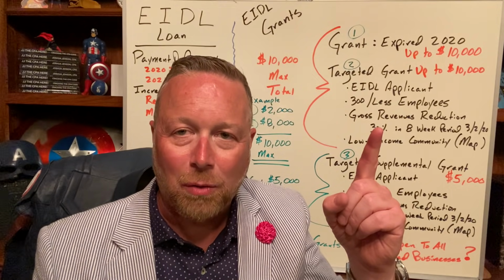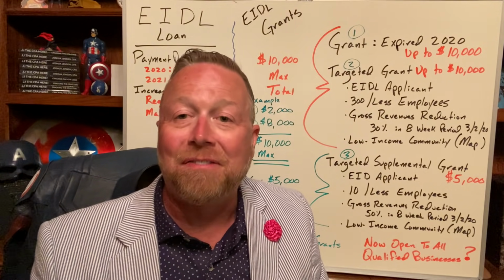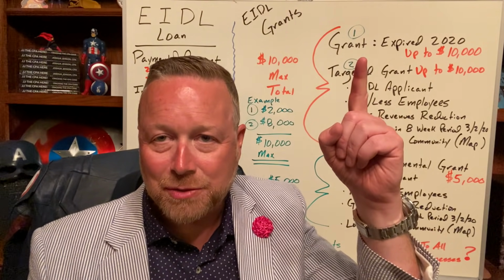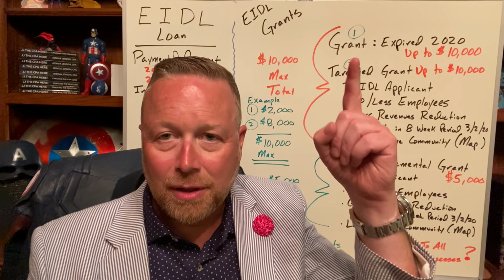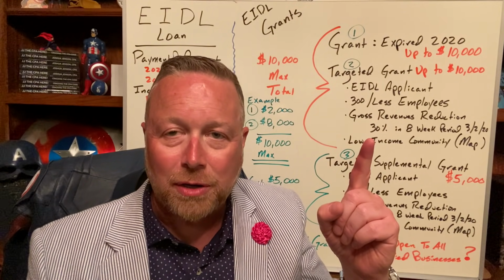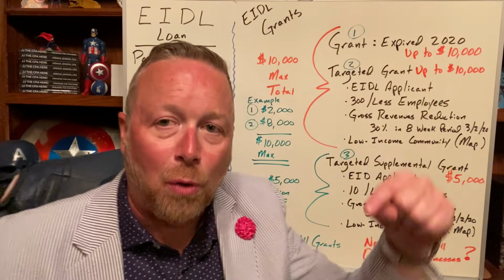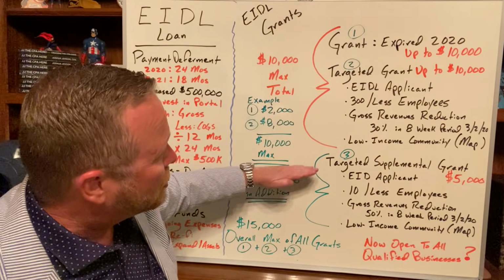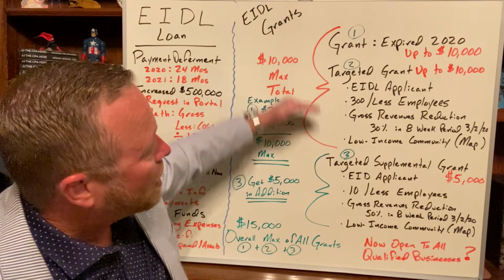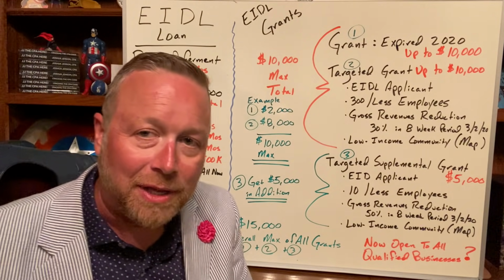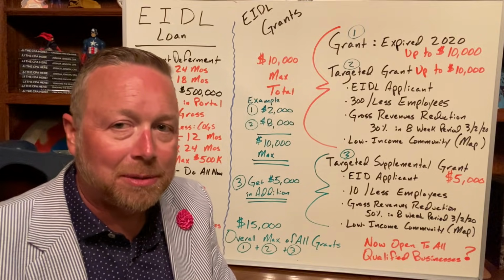If you got 10,000 in the original grant, you're going to get 0 here, even if you qualify for it. If you have 5 employees and you got $5,000, and you then qualify for the targeted grant, you would get $5,000. Point is that of both of these things, the max you're going to get is $10,000. Any way you roll these dice, you're only going to get up to $10,000.